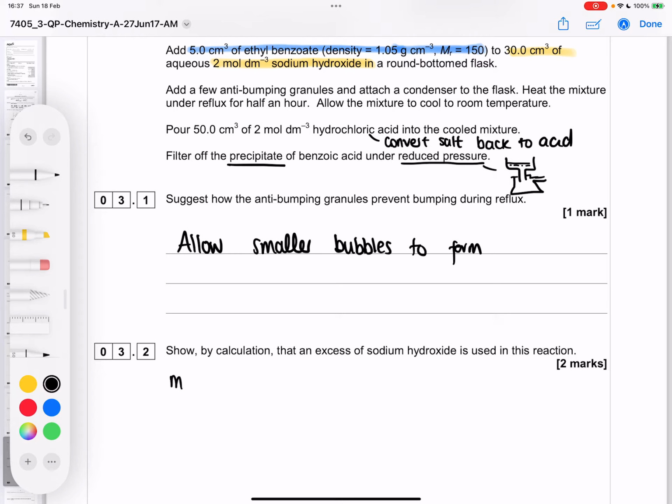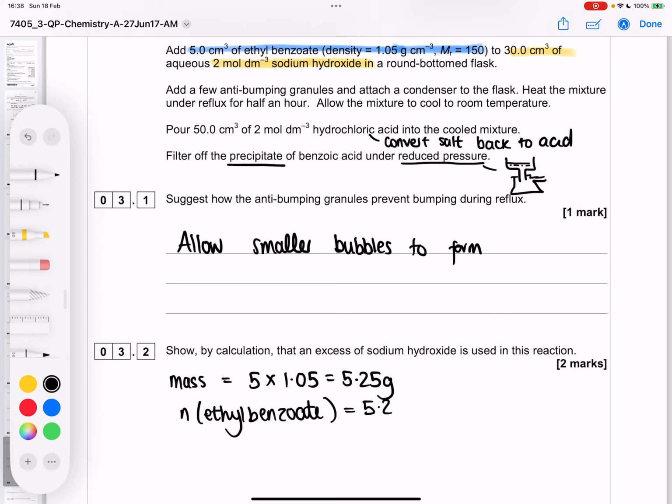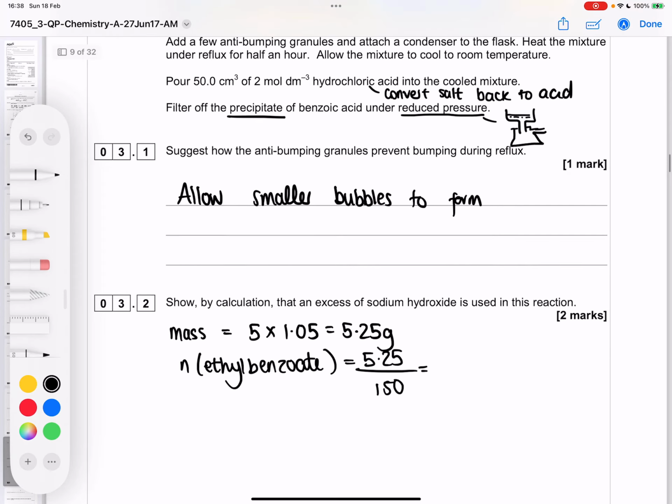So what would our mass be of ethyl benzoate if we had 5 centimetres cubed at 1.05 grams per centimetre cubed? So that's 5.25 grams. And then they gave us the MR, so the moles of ethyl benzoate would be 5.25 divided by the MR, 150, and that is 0.0350.